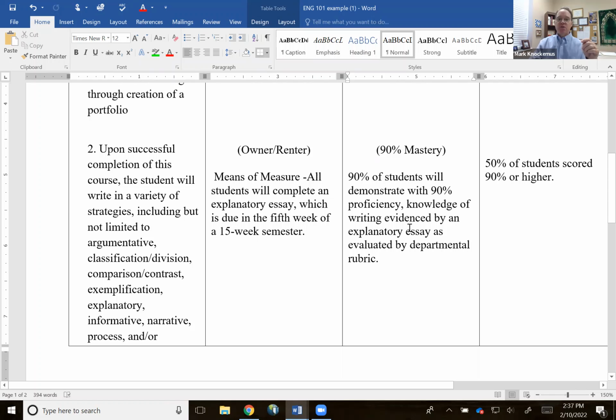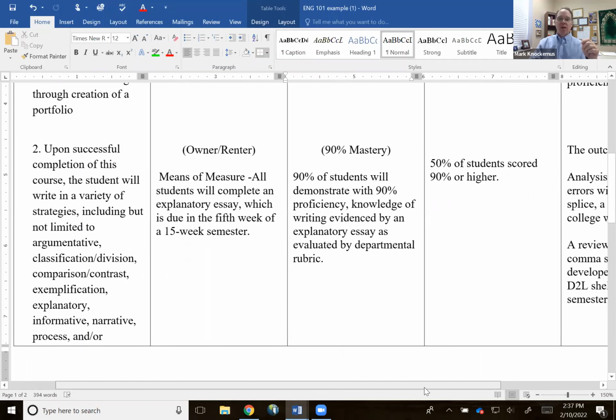And again, we're at mastery, so 90-90. Out of all these different ones here, we're just working with the explanatory. And then also put in here the evaluation instrument. How is that going to be evaluated?